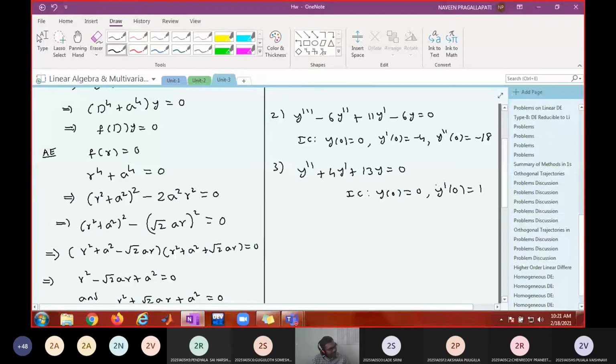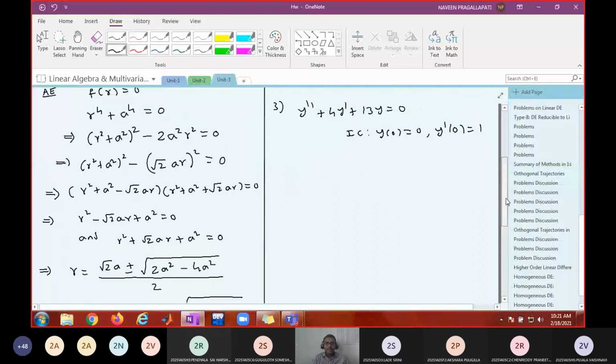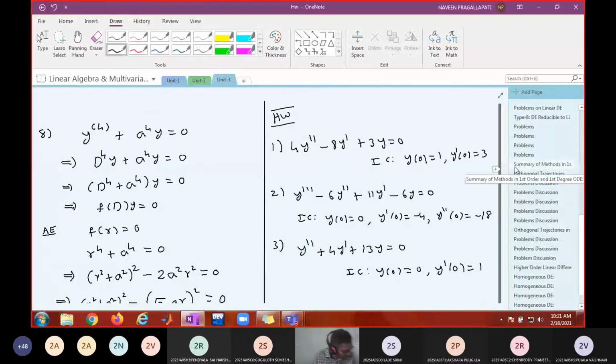Okay, so solve these problems. So that completes the discussion on homogeneous differential equations.